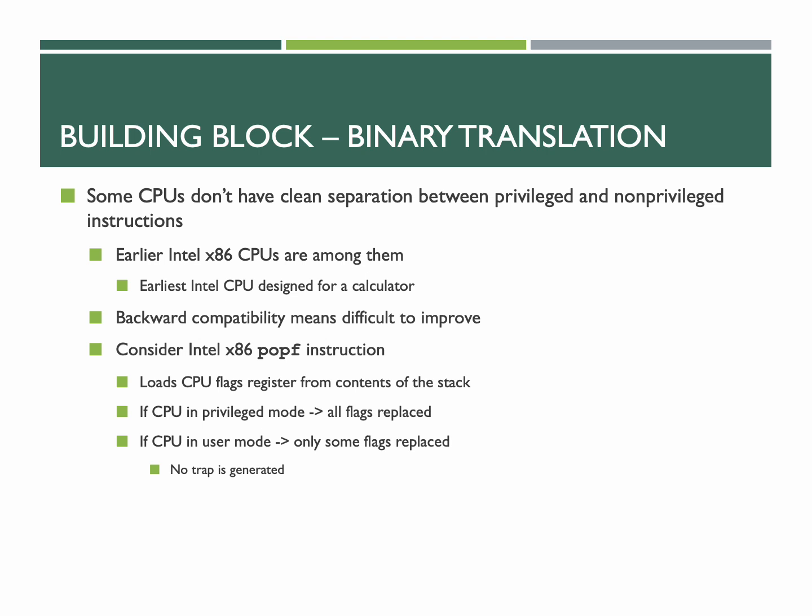And in user mode, popf only modifies some of the flags, leaving others intact to prevent unauthorized changes to critical CPU settings. Crucially, executing popf in user mode does not generate a trap, which means the hypervisor may not be aware of changes to the CPU state if it relies solely on traps to intercept sensitive instructions.